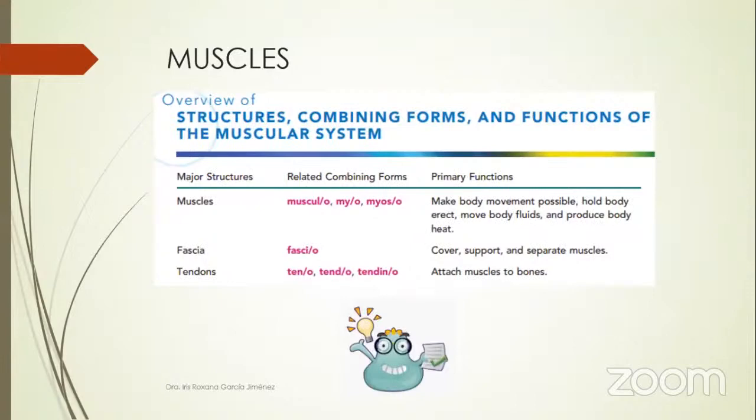Let's get into muscles. Again, the overview, the major structures, the related combining forms, and the primary functions, for reading at home. Muscles, related combining form: muscle, musculo, myo, myos, myoso.